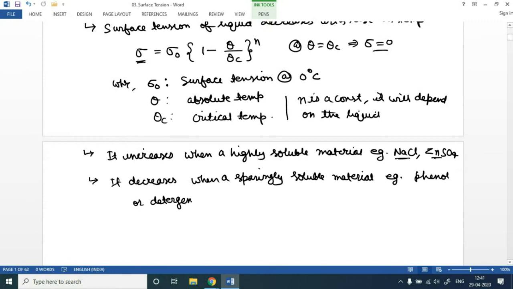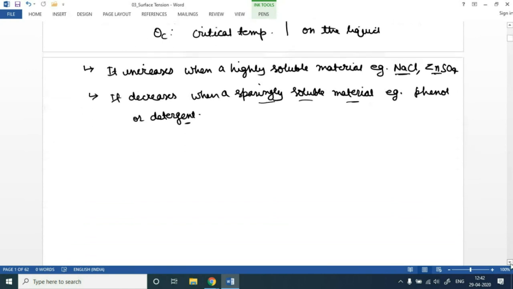That is one of the things you must know: when detergent is added into water, its surface tension decreases, which helps us in cleaning of clothes, etc. So when any sparingly soluble material is added into the liquid, the interaction between the molecules on the surface decreases, so surface tension also decreases. So these were some facts about surface tension you must know.